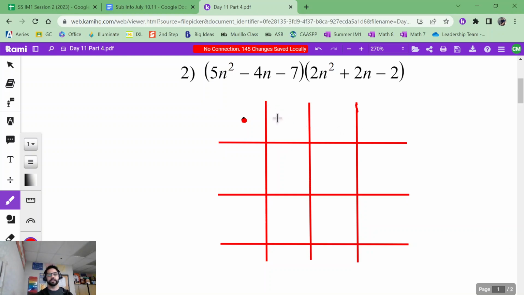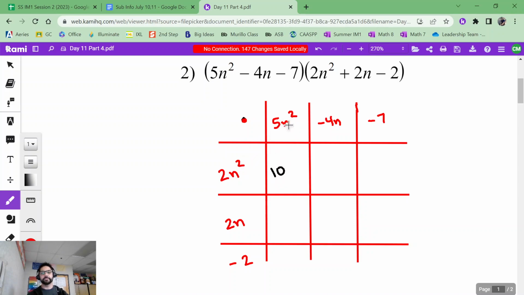All right, so for our last one, let's see here. 5n squared, negative 4n, subtract 7. Second trinomial, 2n squared, positive 2n, negative 2. All right, here we go. Just a bunch of multiplication. 2 times 5 is 10.